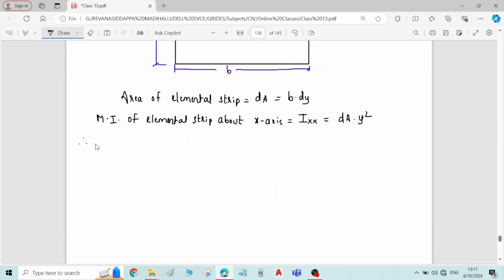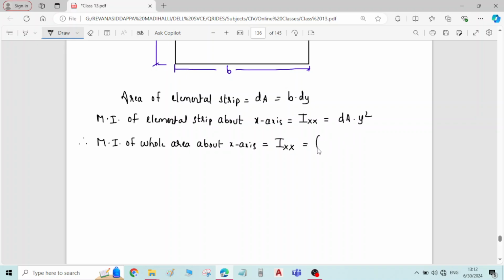Therefore moment of inertia of whole area about x-axis is equal to Ixx. Now we have the equation for moment of elemental strip about the x-axis. To get the moment of inertia of the whole area, you have to integrate this equation.